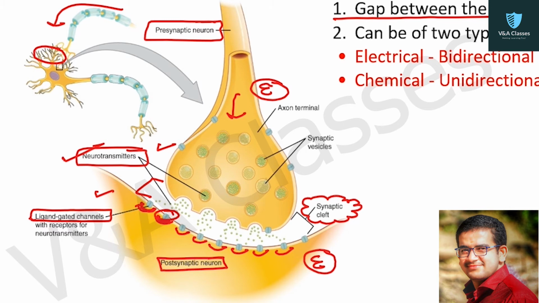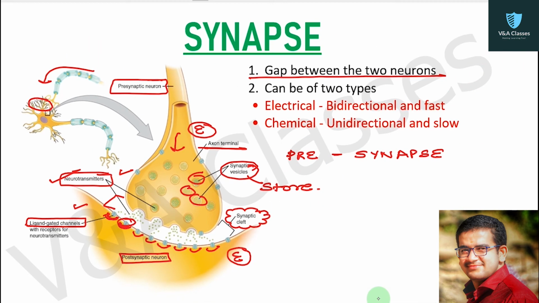Let's see what are other parts. This is the axon terminal, the end of the axon, and these round structures are the synaptic vesicles. These synaptic vesicles store the neurotransmitter. So these are all the parts of the synapse, and these synapses can be of two types.